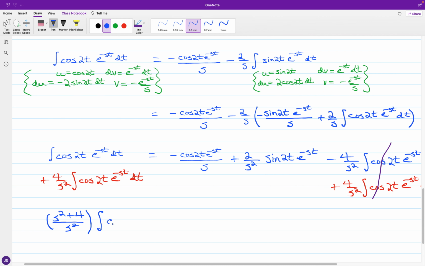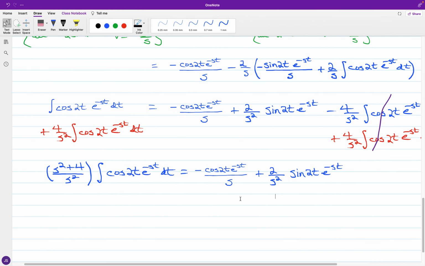Okay, we have times the integral of the cosine of 2t times e to the negative st dt. So this is what we have here. And if I isolate the integral term, I can multiply by the reciprocal.